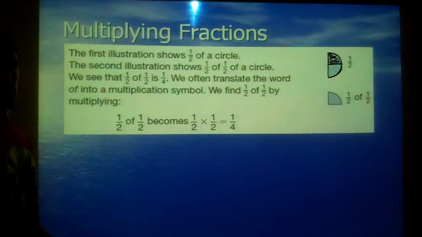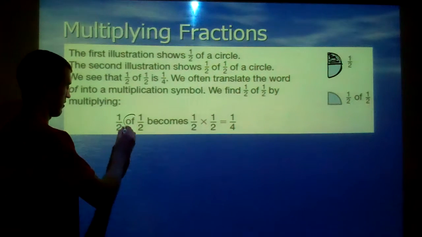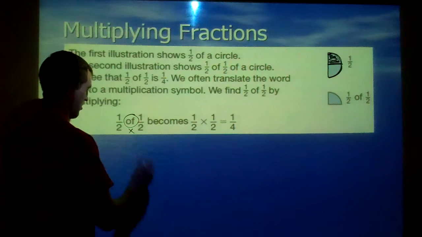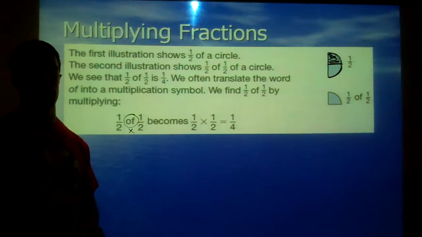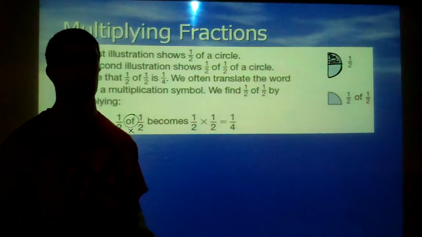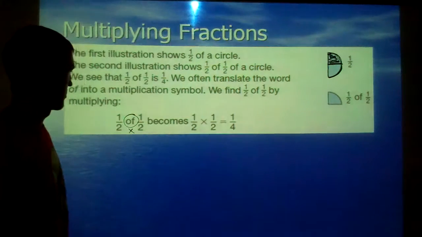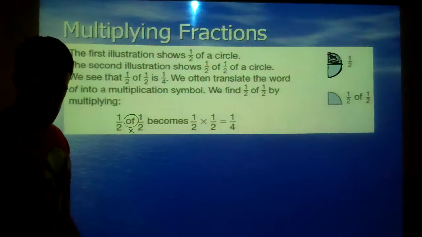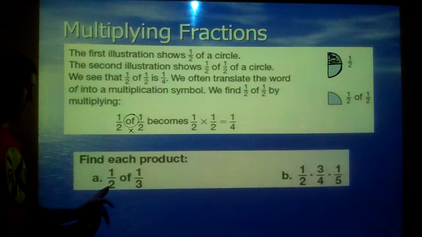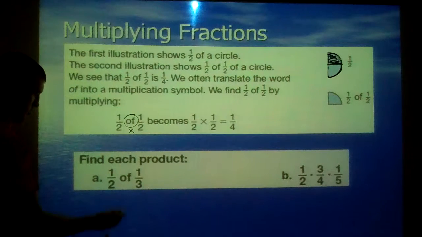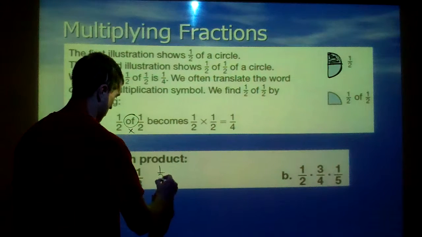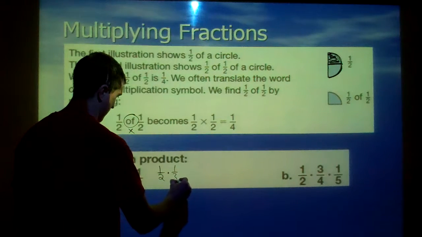So the one key word that we want to take away from here is of. Of in mathematics means to multiply. So if we see 1/2 of something or 3/4 of 60, we're going to do 3/4 times 60, or in this case, 1/2 times 1/2, and I'll show you how that's going to work. So if we have 1/2 of 1/3, remember of means to multiply, we have 1/2 times 1/3.